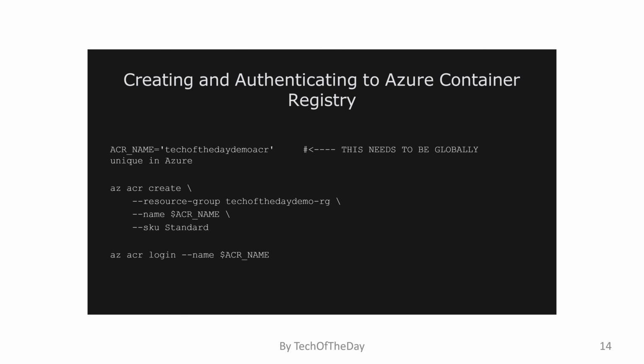To create an Azure Container Registry, we can use all of our normal deployment tools: Azure Portal, Azure PowerShell, Azure CLI. Let's walk through an Azure CLI example to see this in action. First, to make our code slightly more usable, I'm going to set an environment variable ACR_NAME with tech of the day demos ACR.